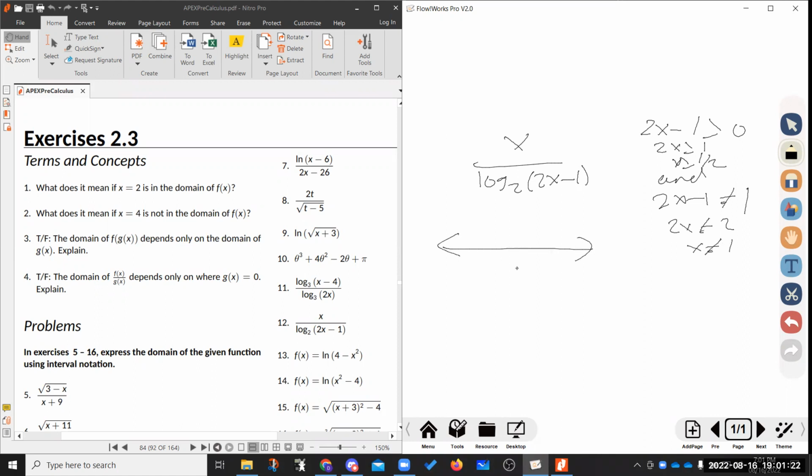So we have 1/2 and 1. And there we go. The numerator was unrestricted. So our domain is 1/2 to 1, union 1 to infinity.